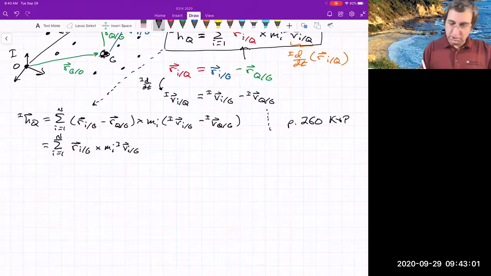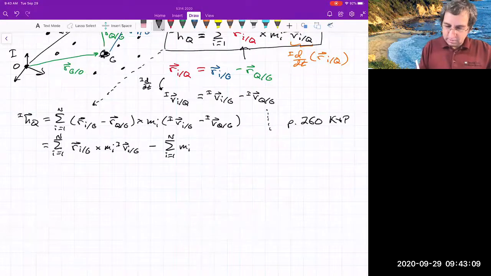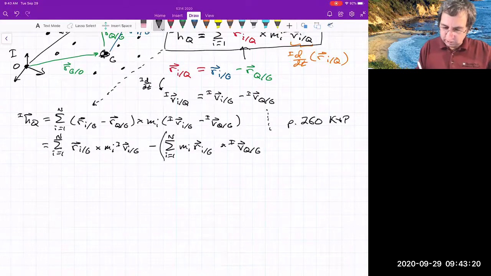Okay, that's like the first term. And then minus the sum from 1 to n of, I moved the mass over, because then you'll notice this summation is kind of on its own.